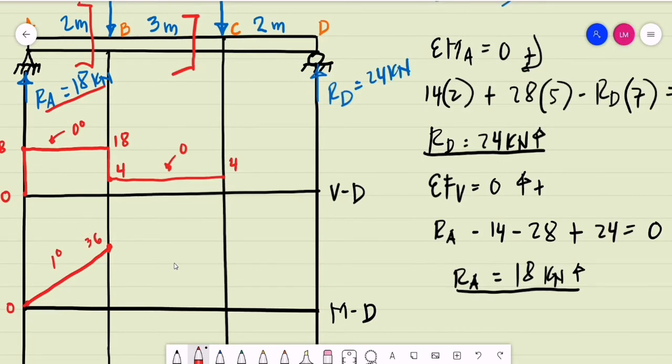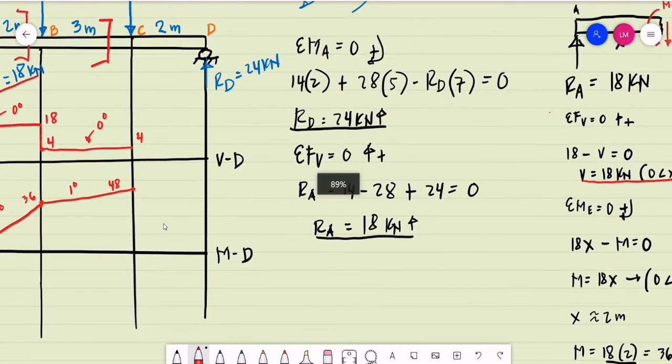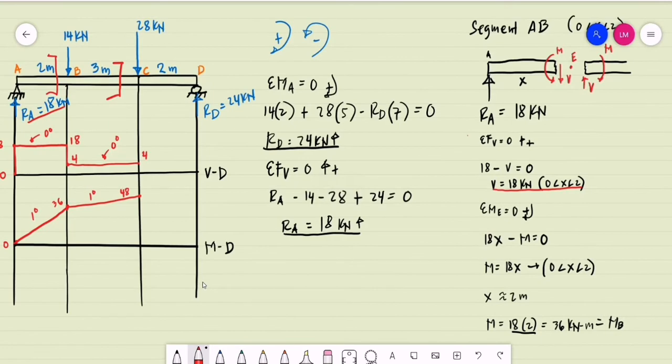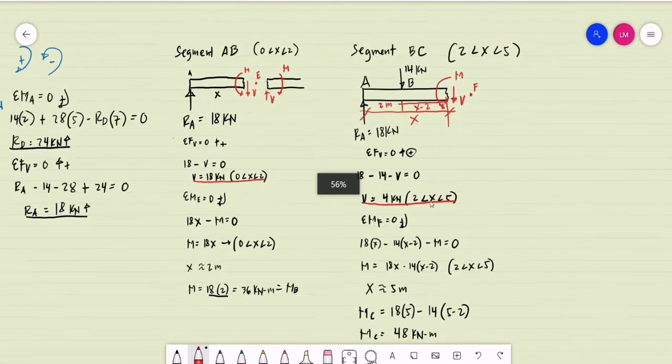So from 36, we're going to a value of positive 48 kilonewton meter. That will be the value of the moment at C. And again, this graph should be first degree since your shear diagram is 0 degree. That will be the shear and moment for the segment BC.